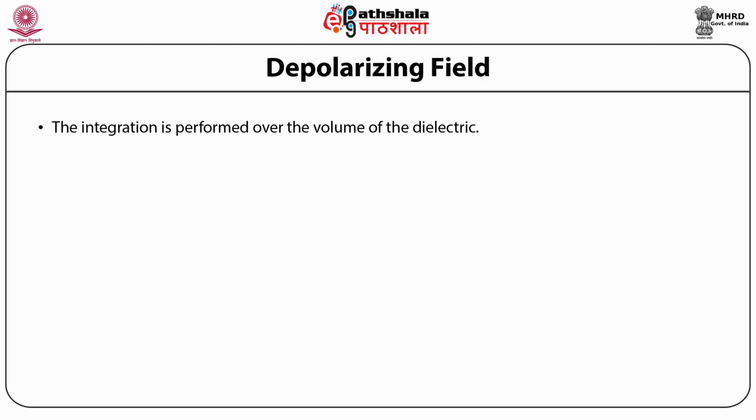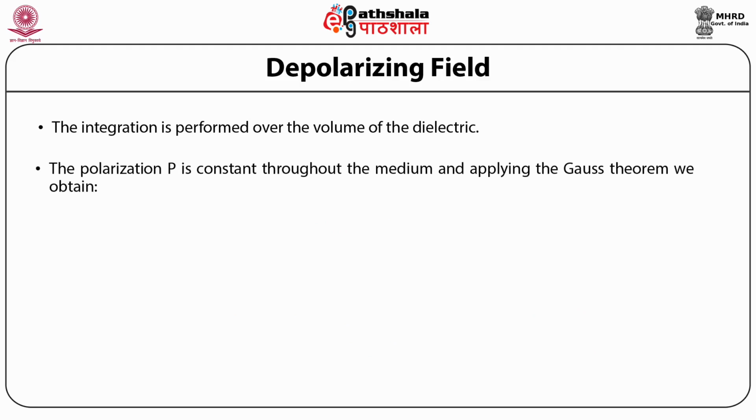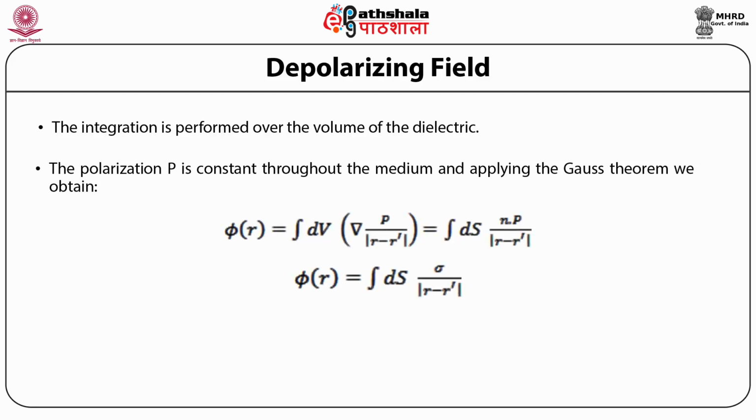Assuming for simplicity that the polarization P is constant throughout the medium and applying the Gauss theorem, we obtain phi equal to the integral over dV of grad of P by modulus of r minus r prime, which is equal to the integral over dS of n dot P by modulus of r minus r prime by the divergence theorem.